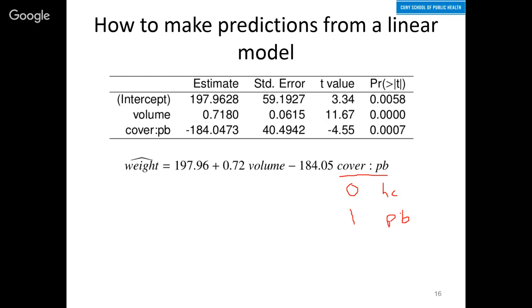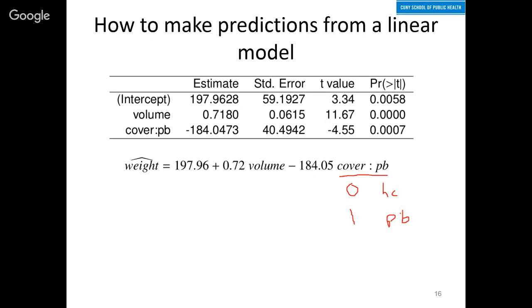So your volume is a numeric variable, and this dummy variable for the binary variable cover type is also numeric, and this gives you actual numbers that you can plug into a formula to calculate your predictions. And the fact that all of these add to your weight makes this what is called an additive model. When you get into logistic regressions next semester, that is a multiplicative model, and you'll have to keep separate whether the models you're working with are additive or multiplicative.